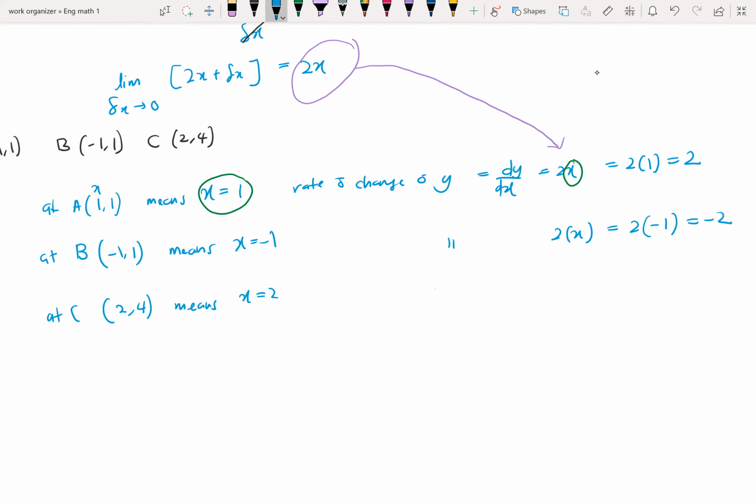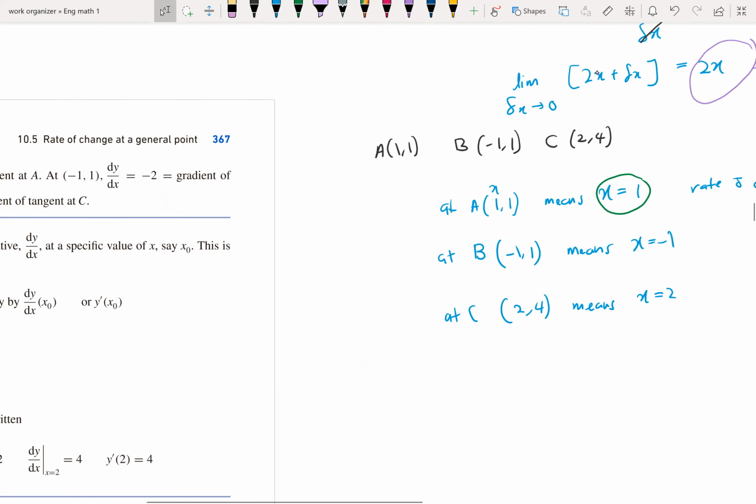The rate of change of y is again 2x, so replace x with 2. So we have 4. The rate of change of y is equal to 4.